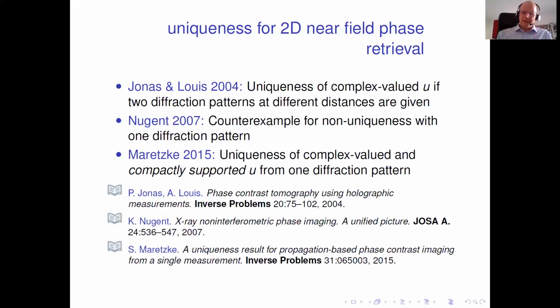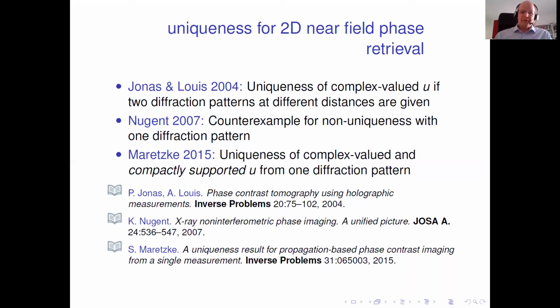There have been a lot of studies in the Fraunhofer regime, so this classical phase problem for the Fourier transform. It turns out that the near field regime is much more favorable. There have been early results by Jonas and Lewis on uniqueness if you record two diffraction patterns at different distances.